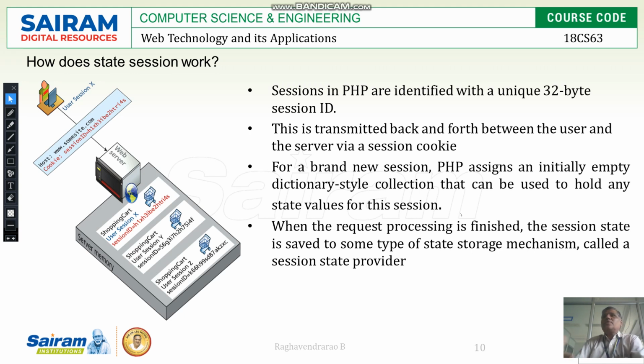Because if you're going to purchase some materials, then brand value is going to be one of the things. For example, if you are buying a TV, you select some brands, and there are n number of versions in that. Those things are going to be in dictionary-style format. It holds the values of that particular session.